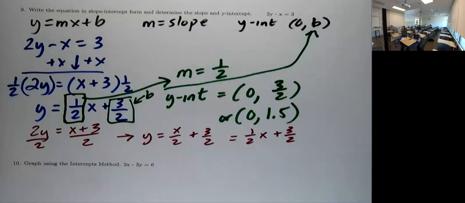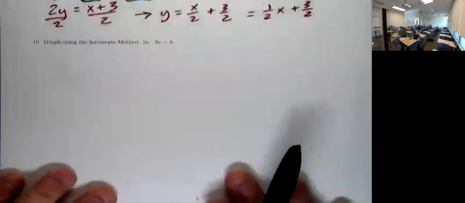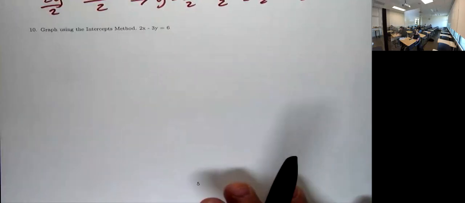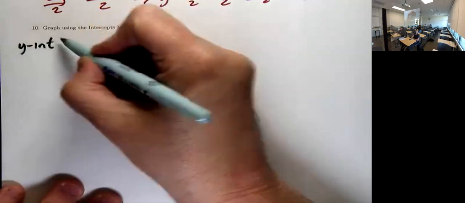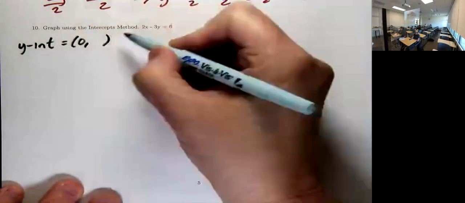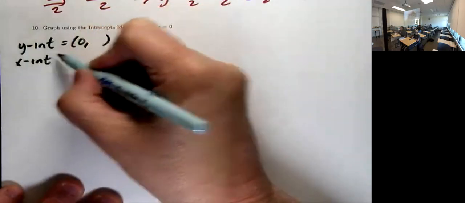It's been a while. This was before spring break. All right. Graph using the intercepts method. The intercepts method is, we just showed the y-intercept. The y-intercept has a 0 for the first value. And the x-intercept has a 0 for the second value.